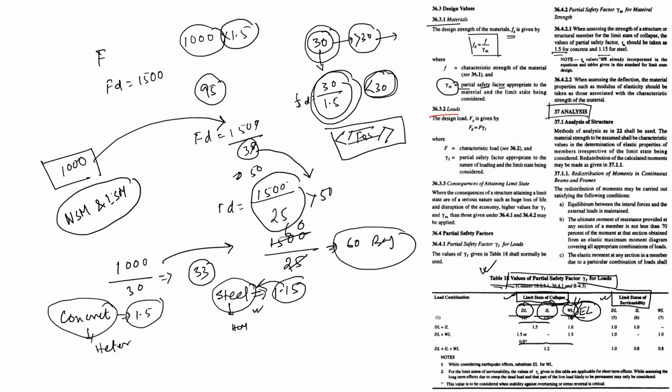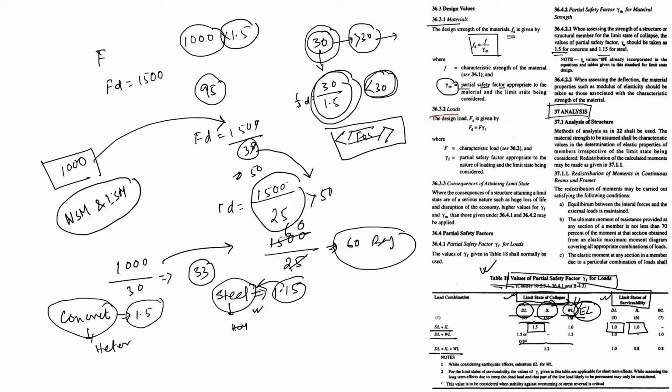There are three conditions. Number one, dead load plus live load. Number two, dead load plus wind load. Number three, dead load, imposed load, I mean to say live load, and WL. When we use the first combination for limit state of collapse, DL plus IL, that is 1.5, and for serviceability 1.0, no multiplication factor.